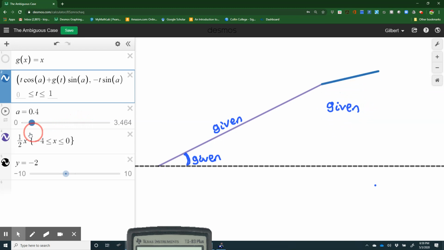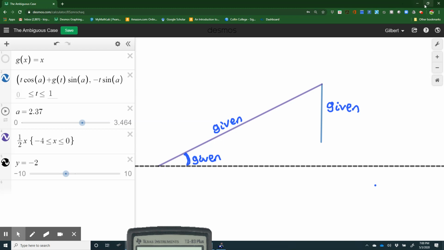But notice that it isn't enough to reach the line down there. It's too small. And so if that's the case, then you have an example of where there's no solution. Sad times. It's not long enough to reach the dotted line.